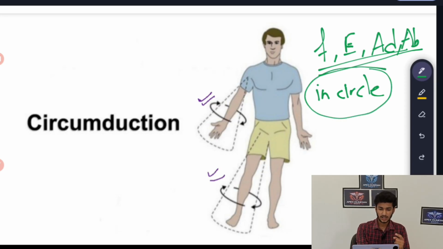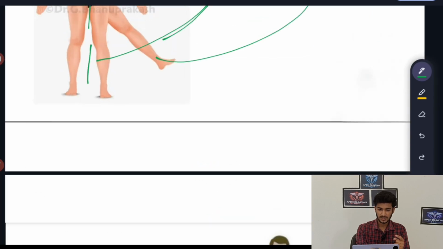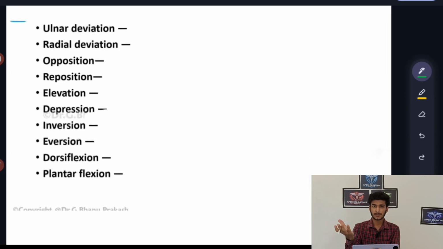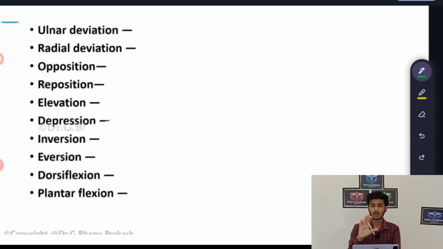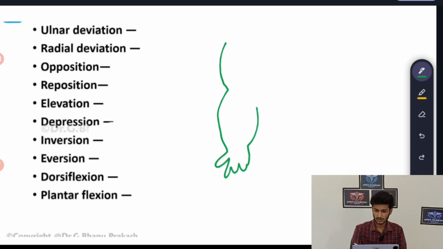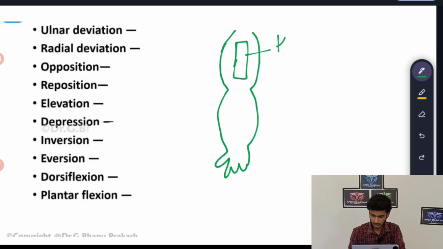Then we have another movement, that is ulnar deviation. When the movement of the wrist is towards the midline, it is called ulnar deviation. And when the movement of the wrist is away from the midline, it is called radial deviation. We will learn this with a diagram. Here is the diagram of the hand that I'm drawing. This is the whole hand.